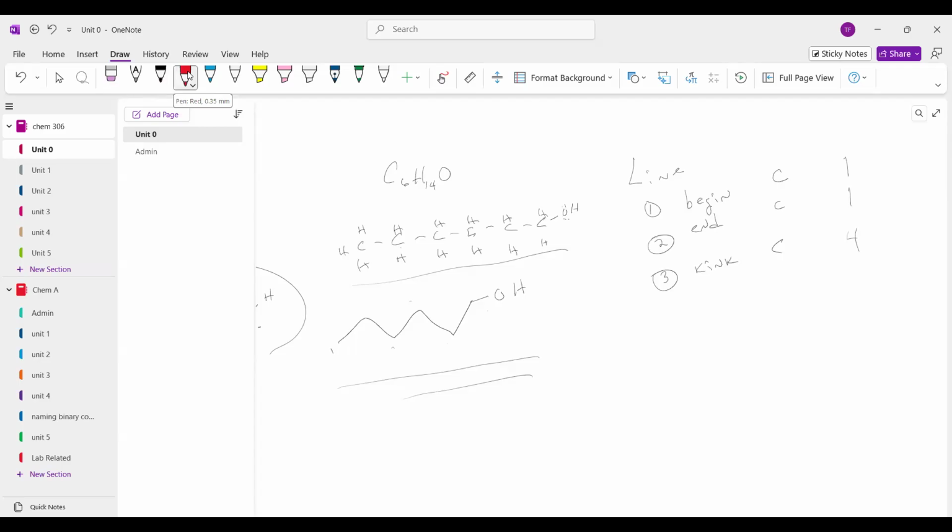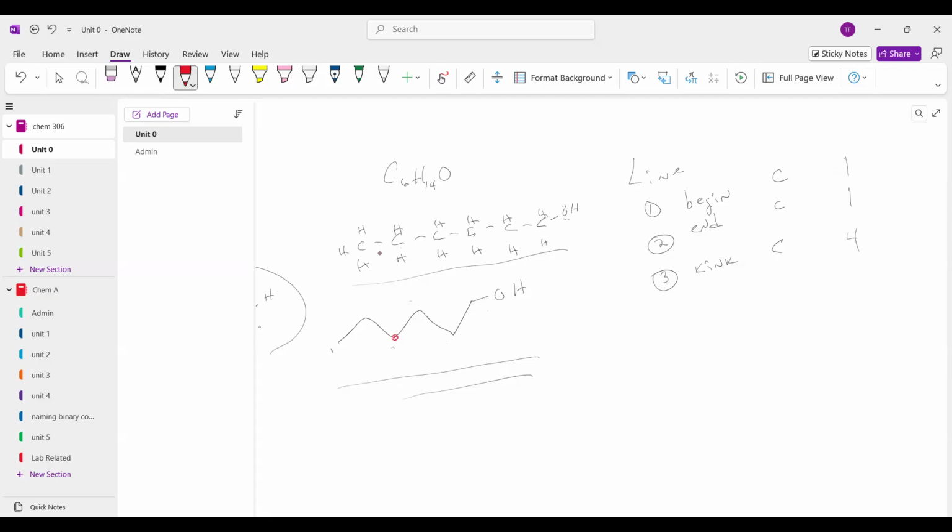Okay, are there any questions about converting from this carbon hydrogen bit to the line version? So we don't have to label anything on the line version, like all the carbons? Yeah, because the carbons we know, there's one in the beginning and at the end, and every time there's a kink, there's a carbon there. Notice there's no hydrogens, right? We know carbon has 4 bonds. So look at this carbon here.